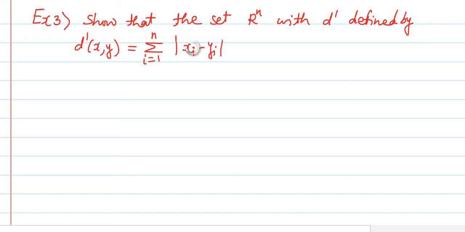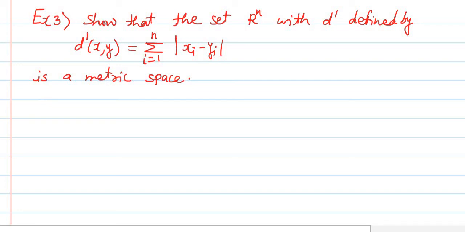Like such, here d dash function is defined. So we have to show that this set R raised to n with this d dash defined as such is a metric space. Okay, so we'll show this one.